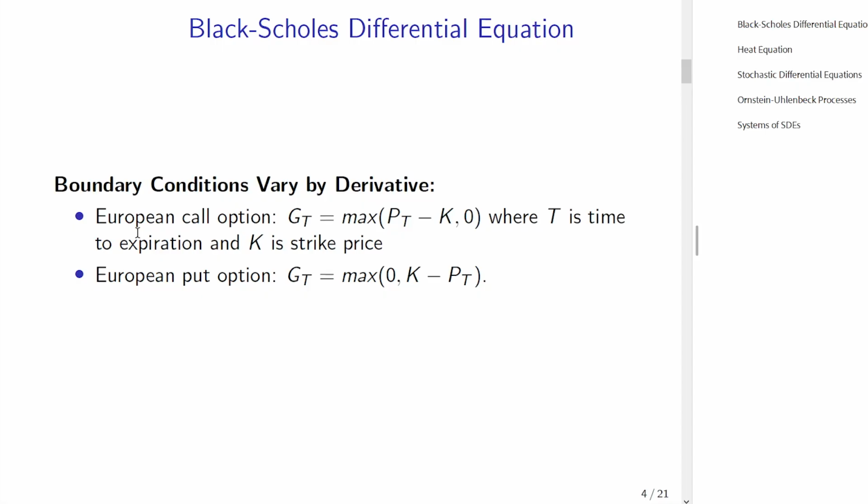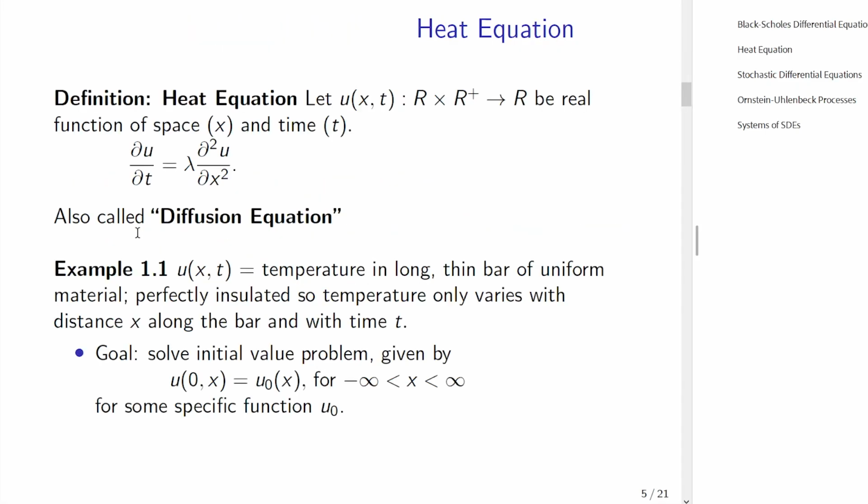And what we're going to do is go through the diffusion equation, and it turns out that the Black-Scholes partial differential equation can be transformed into this diffusion equation by changing the scale of time, reversing time, and doing some other normalizations.